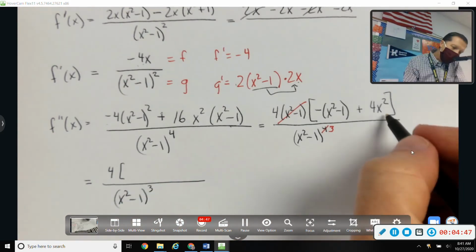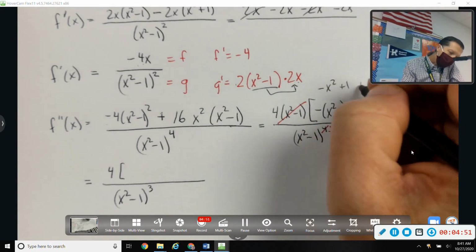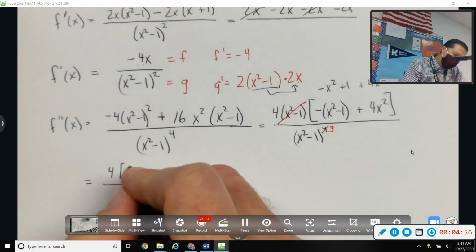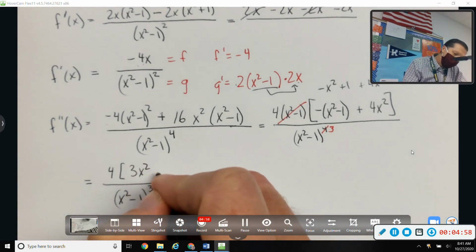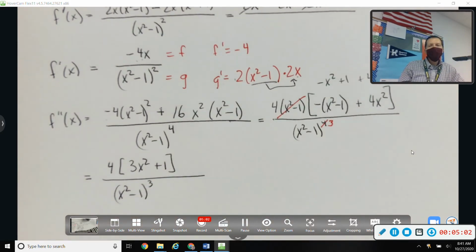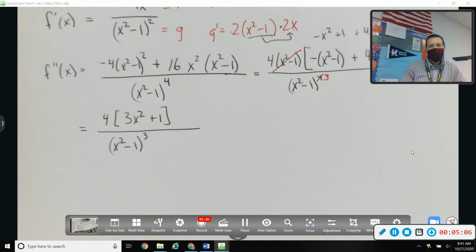And in the top, let's see, negative x squared plus 1 plus 4x squared, so that would be 3x squared plus 1. I think my algebra is correct there.